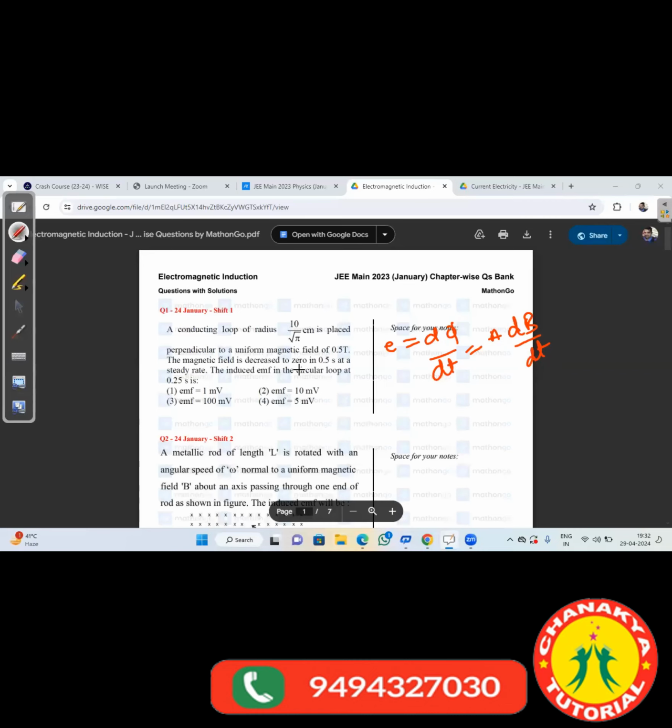The magnetic field is decreased to 0 in 0.5 seconds at a steady rate. So see here, it has been given that for a time period t of 0.5 second, the magnetic field has decreased from 0.5 Tesla to 0, right? So you have to find what would be the magnetic field at t equals 0.25 seconds.